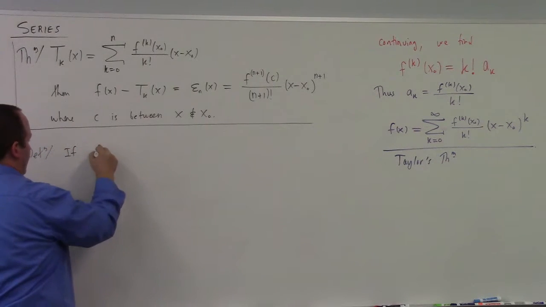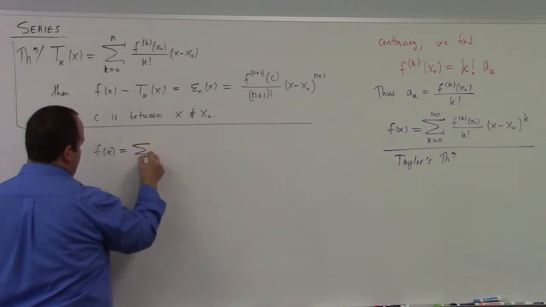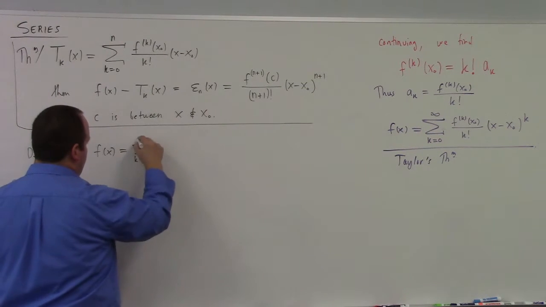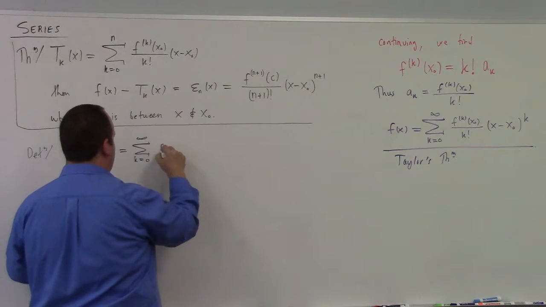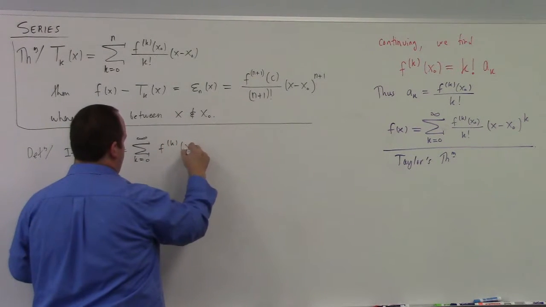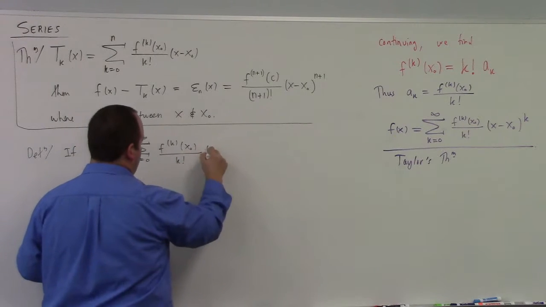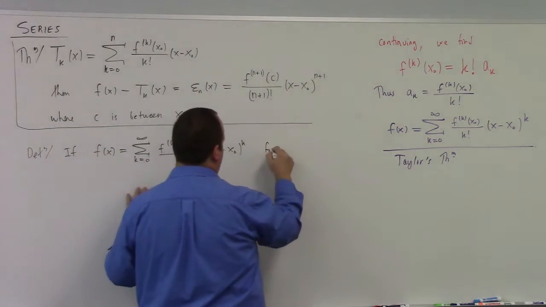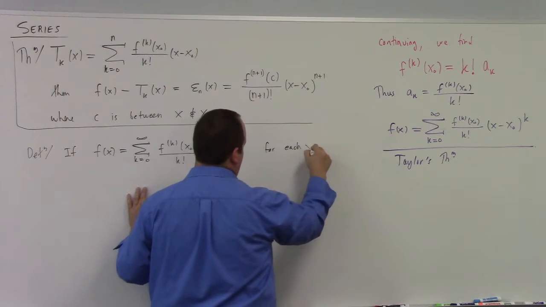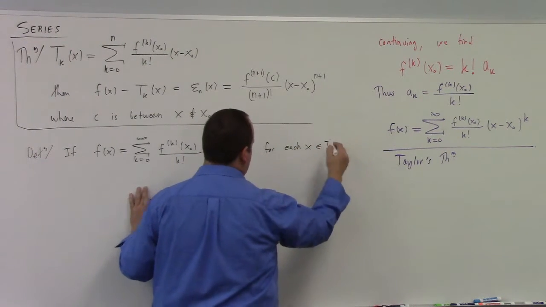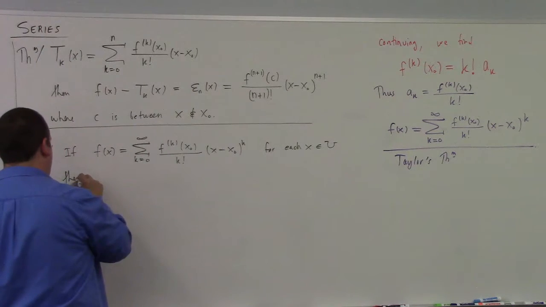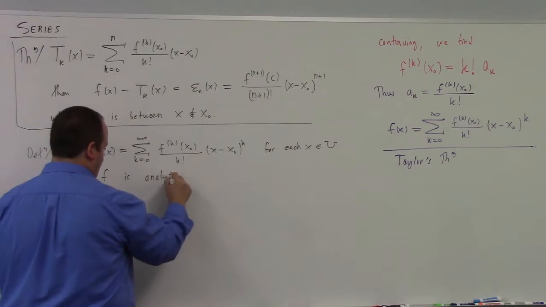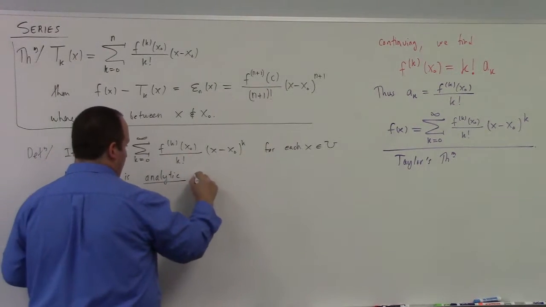If f of x is equal to the sum k equals 0 to infinity of the kth derivative at x naught over k factorial times x minus x naught to the k, for each x in U, then f is analytic on U.